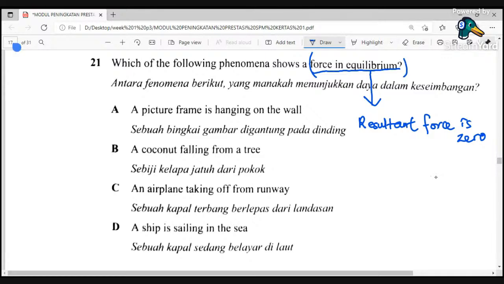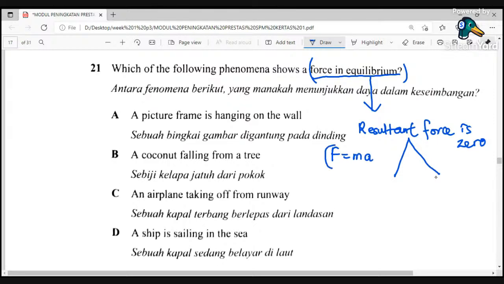Resultant force can be 0 in two situations. If you remember Newton's second law of motion, F equals ma, here F actually represents the resultant force. If only one force acts on the object, that one force becomes the resultant force. If more than one, you need to calculate the resultant force.